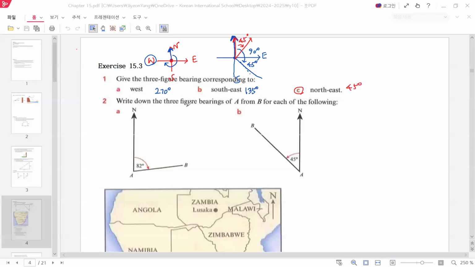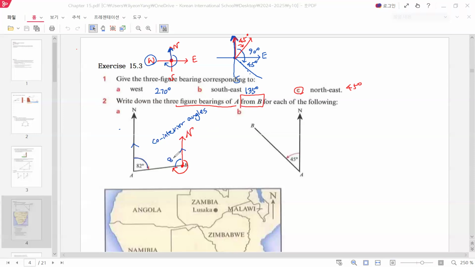Write down the three-figure bearing of A from B. So you need to draw a north point arrow here from B, and you need to measure this angle. Do you understand? Since they are parallel lines and they are co-interior angles, they add up to 180, right?